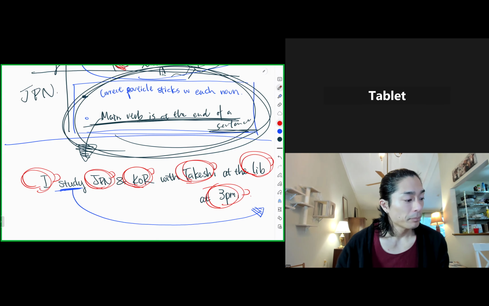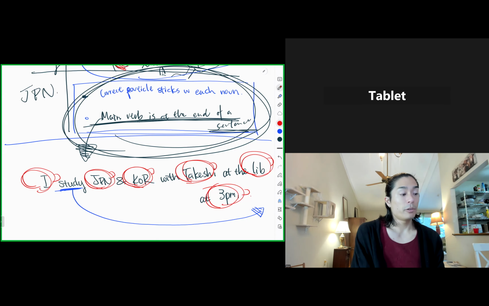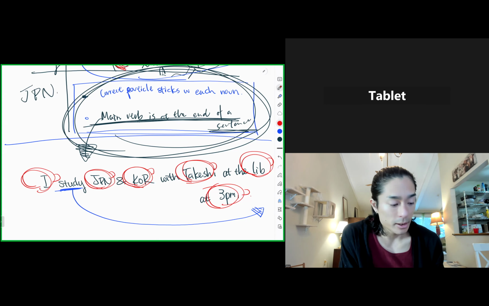So for example, I can switch these word orders and be like: Takeshi, Japanese, Korean, 3 p.m., library, I, study. That'll be the same meaning. Let's shuffle a little bit more. Maybe we can just go in the opposite direction: 3 p.m., library, Takeshi, Korean, Japanese, I, study.